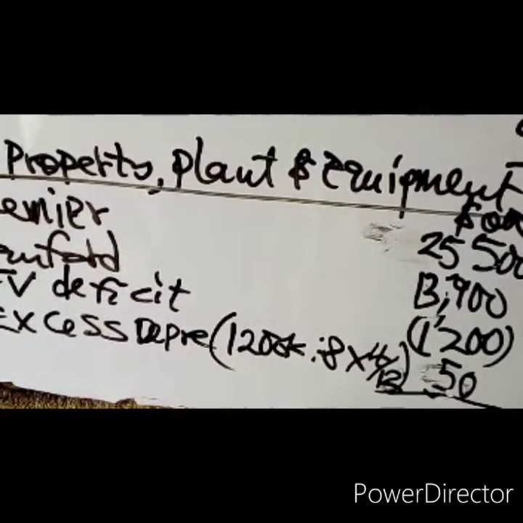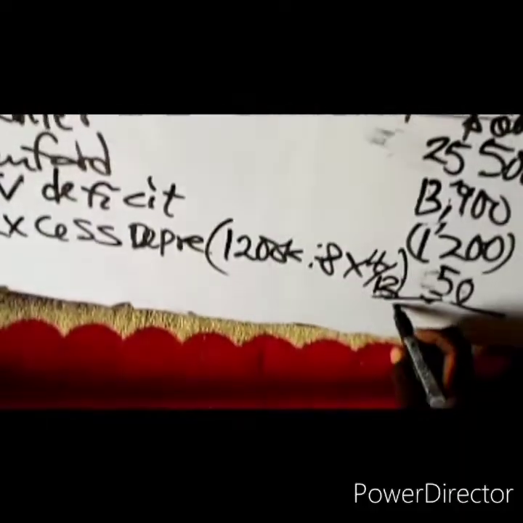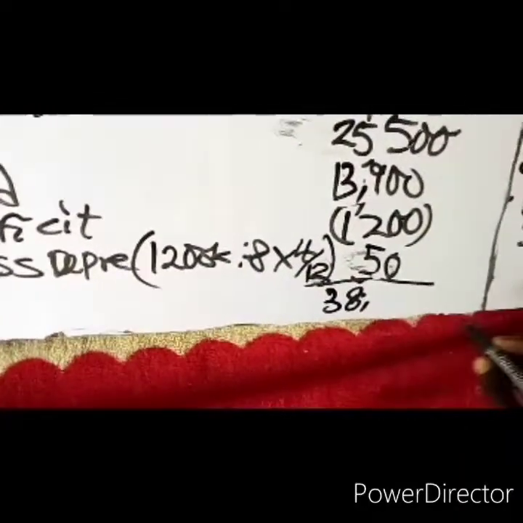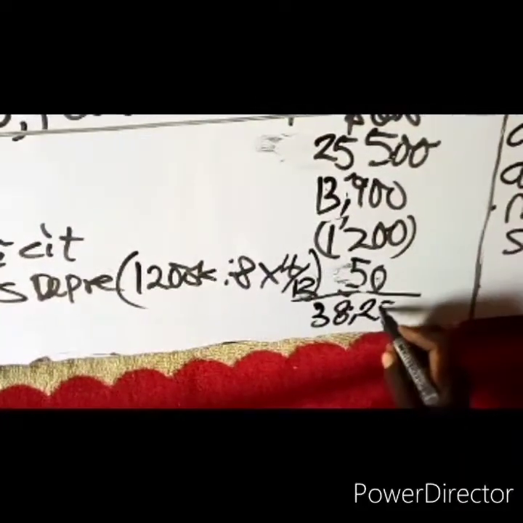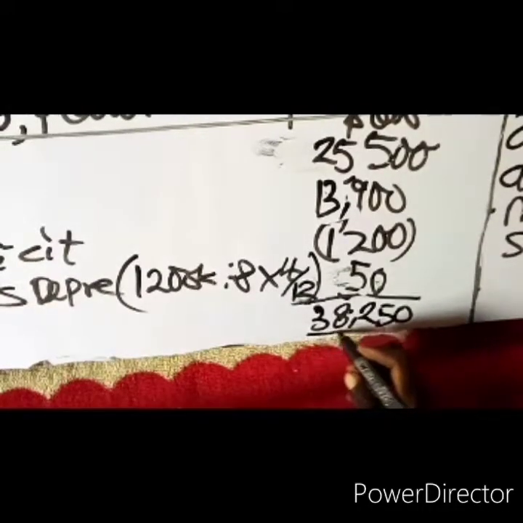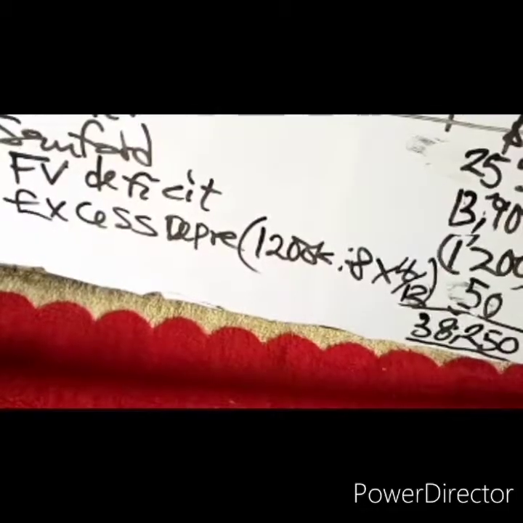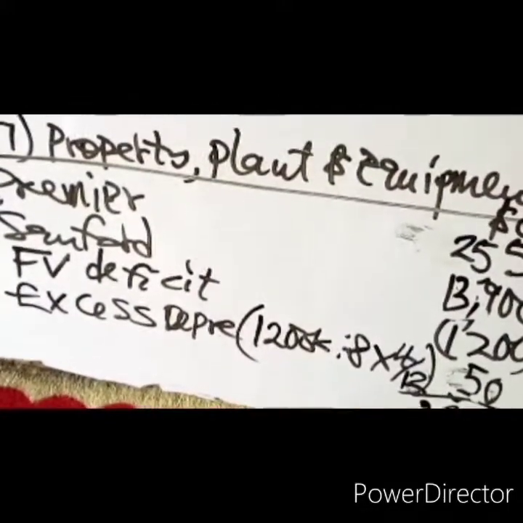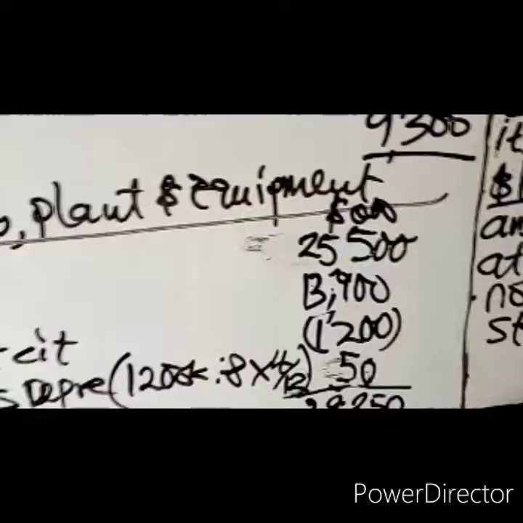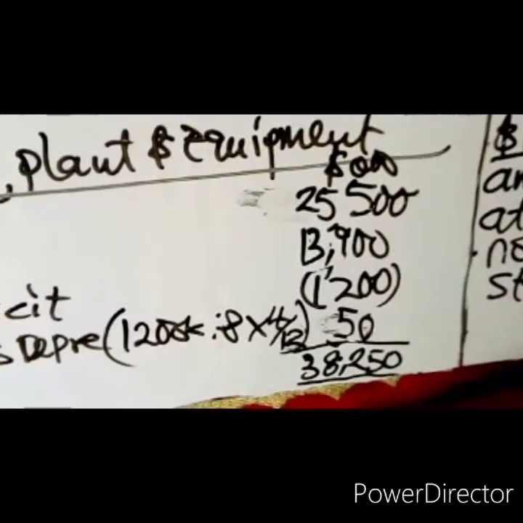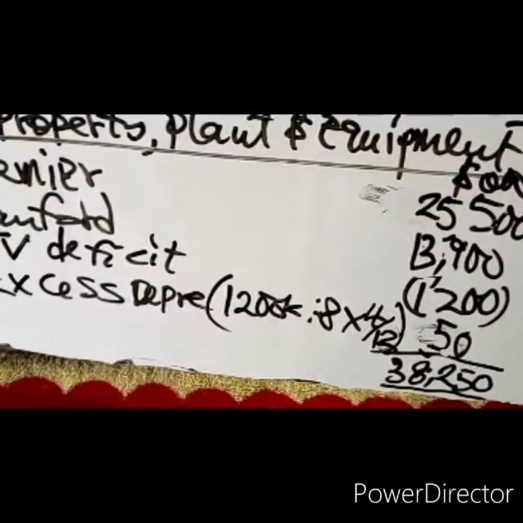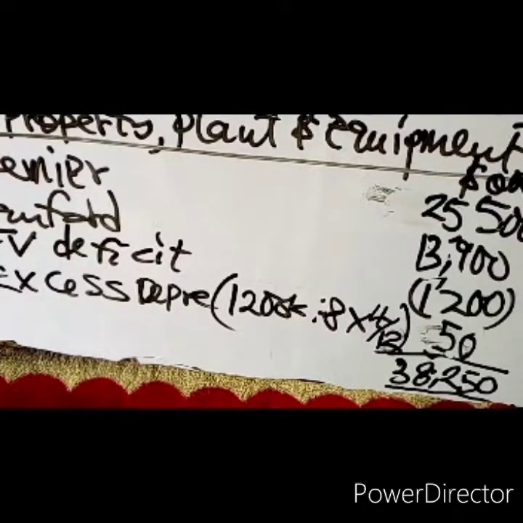Then you have 38,250. That is the amount of property, plant and equipment that will appear in the consolidated statement of financial position.